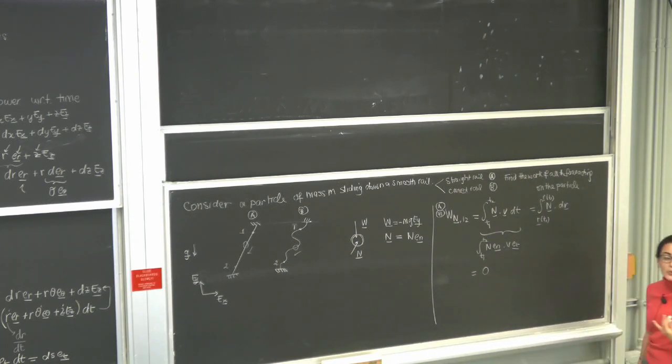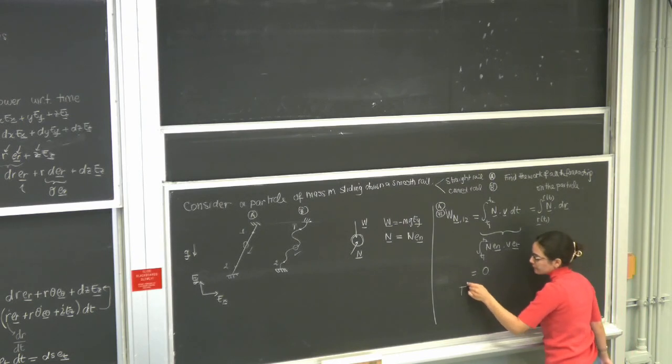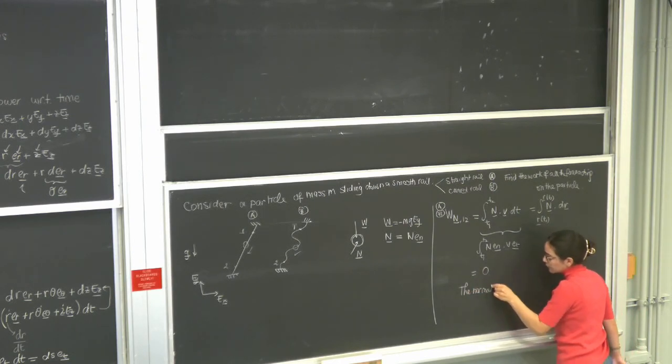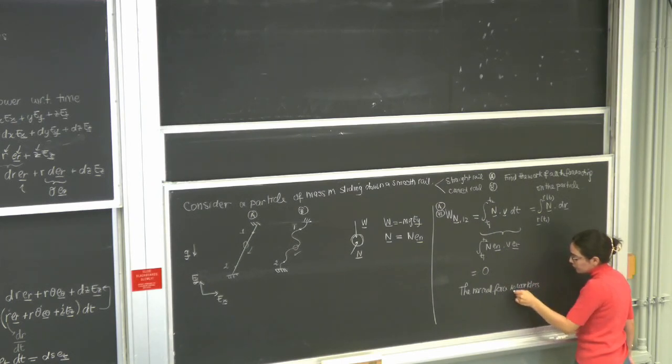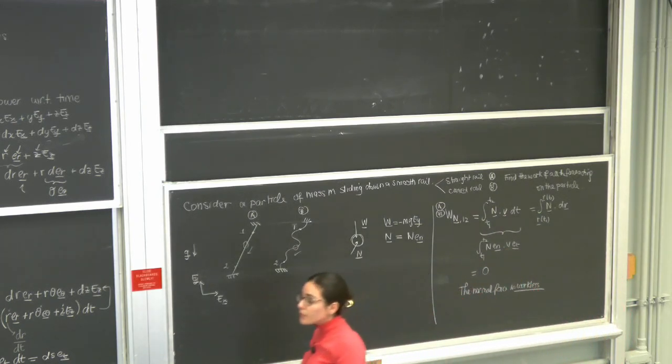So what can you say about the normal force and its work throughout this motion? No work. Yes, the normal force is workless. Its work is equal to 0. Why is it workless? Because the normal force is always perpendicular to the velocity, right? The normal force is along en, the velocity is always going to be along et. So the normal force is perpendicular to the velocity. This should mean that it's also perpendicular to the displacement. So let's look at the displacement.